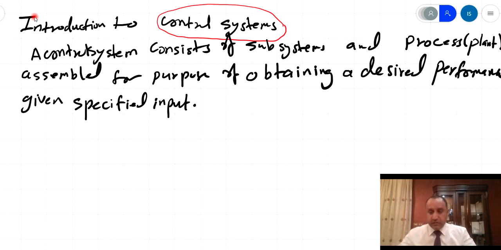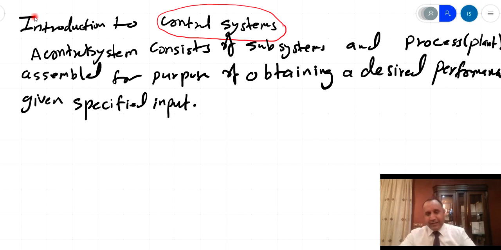So actually, this is a control system. Here I'm having subsystems: a tablet, a computer, and, if you can see it, a pen. So now the process here is to write, to write in a beautiful mode, of course.